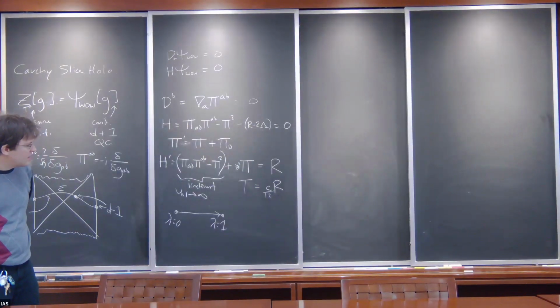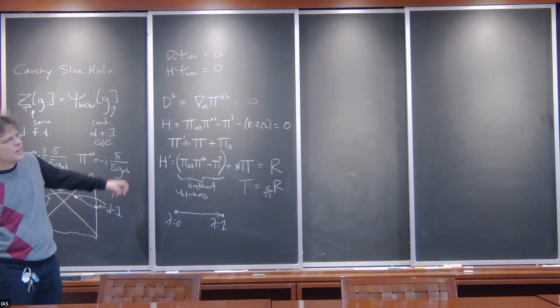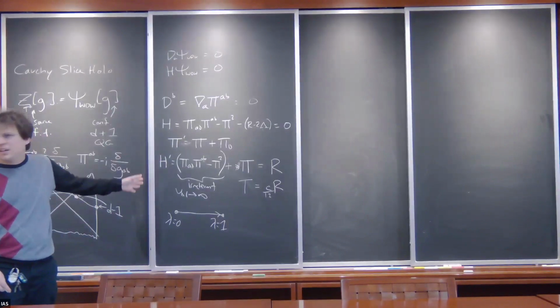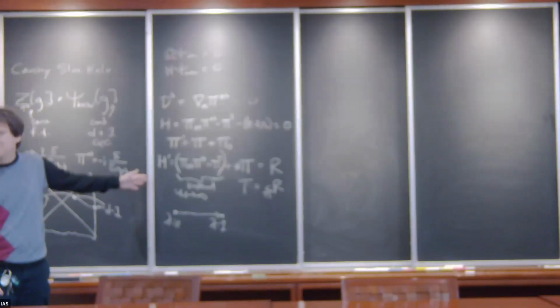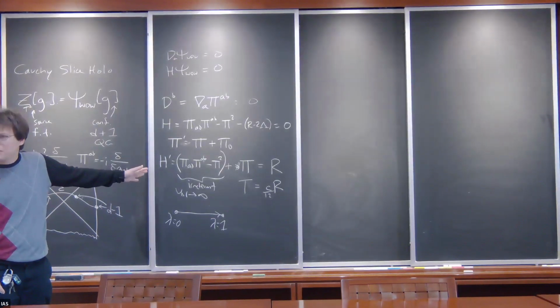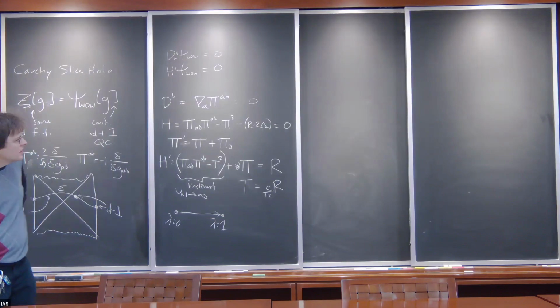You can generalize this by adding matter fields, by going to higher dimensions. That generally requires large N holography to be under control. But in this pure gravity case, you don't actually need large N. And this theory is exactly solvable, at least on a cylinder.